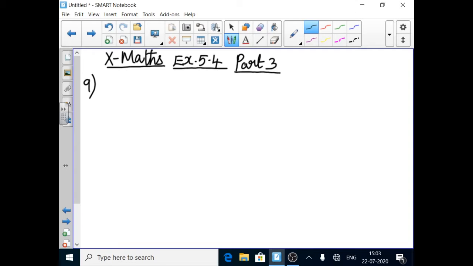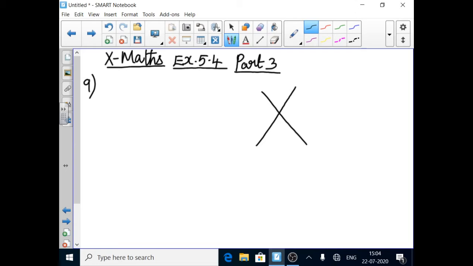That is why the 9th, 10th, 11th, and 12th sums come under the category of point of intersection. Two lines will intersect at only one point.